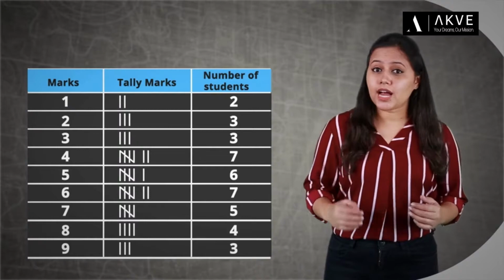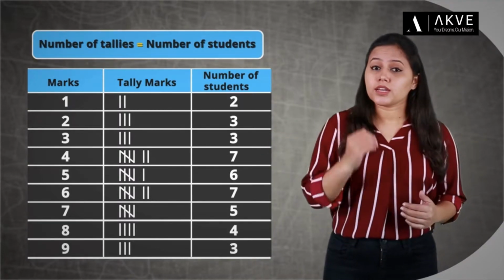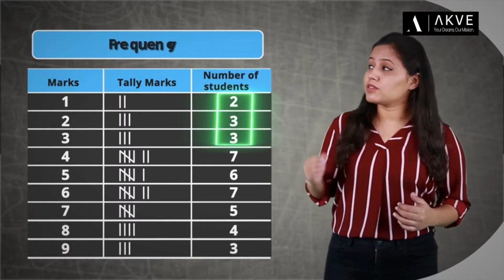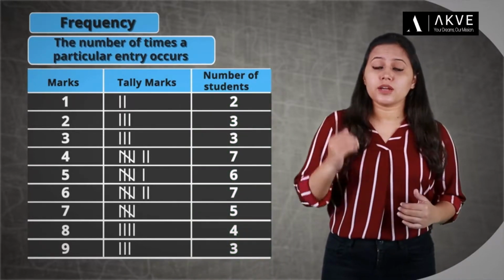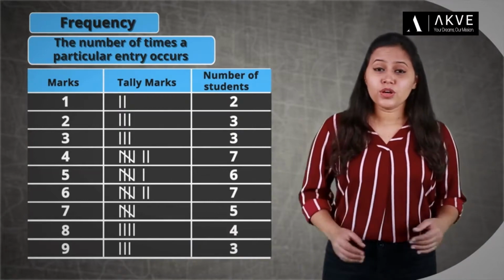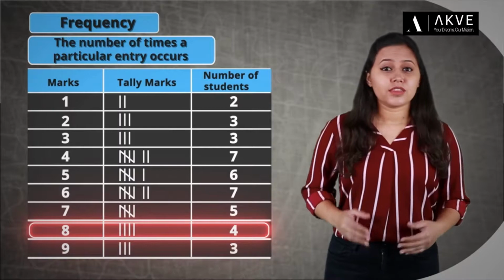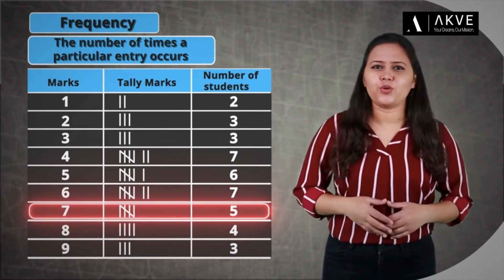Now it is clear that the number of tallies for each score gives the number of students who scored that much. This is known as the frequency of that particular score. Frequency is just the number of times a particular entry occurs. So, the frequency of students who scored 8 is 4, the frequency of those who scored 7 is 5, and so on.